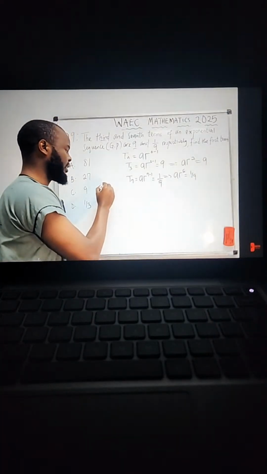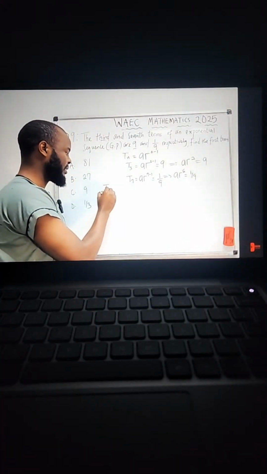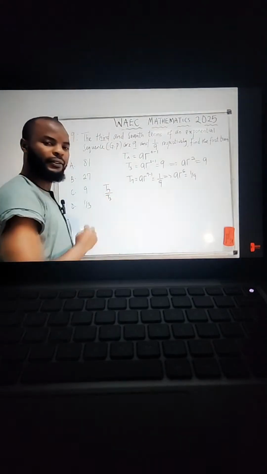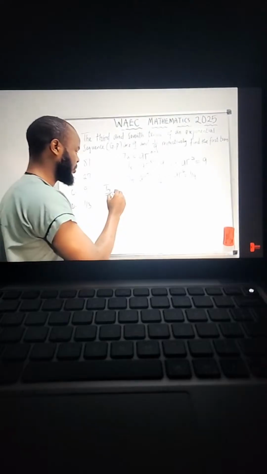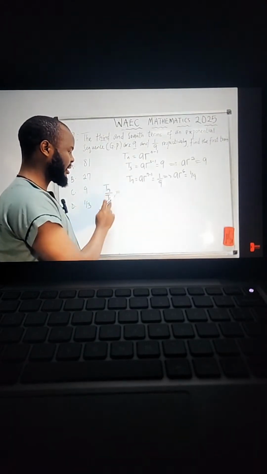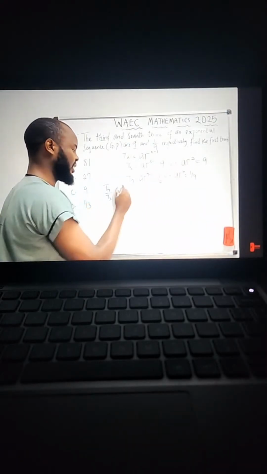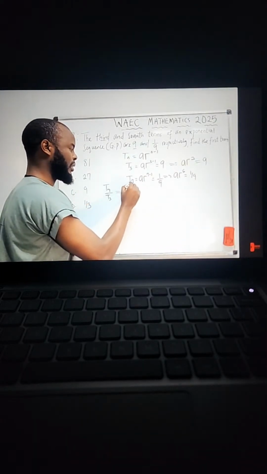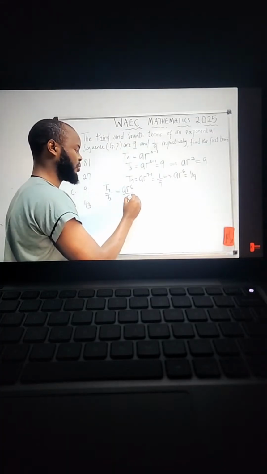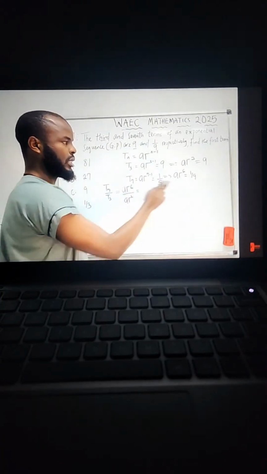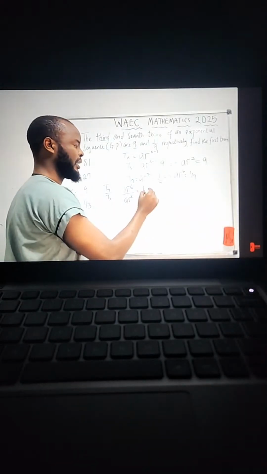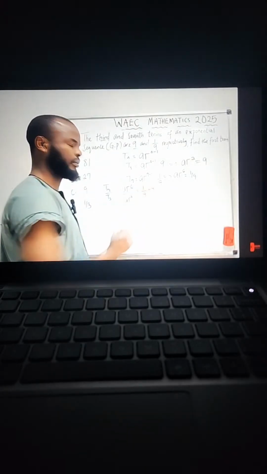So let's do this. Let's use T7 divided by T3, because we are working with ratios. Now here we have T7 divided by T3. Our T7 is AR to the power of 6, over AR to the power of 2. This is 1/9 divided by 9.